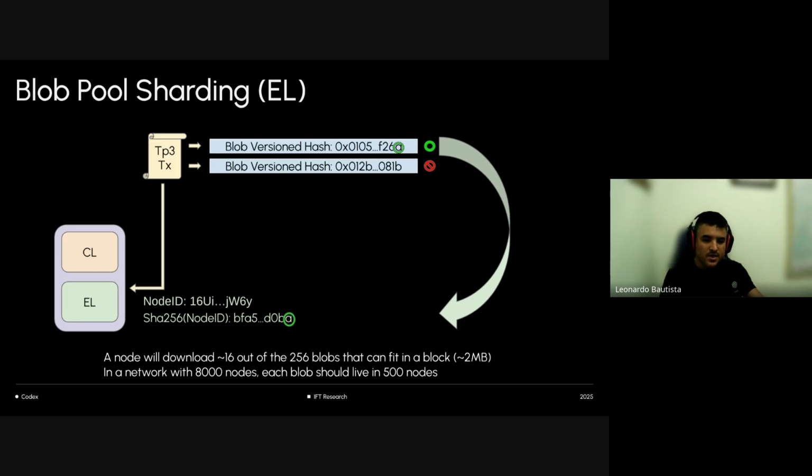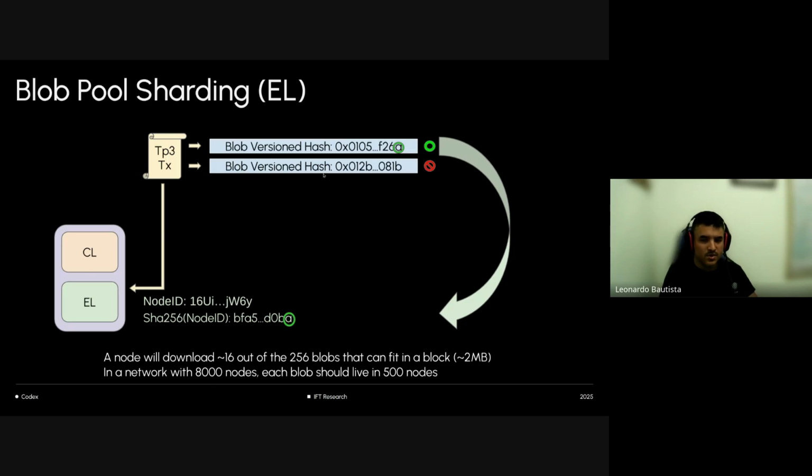If you imagine that the network has about 8,000 nodes, which is, I think, more or less the size of the Ethereum network today, then by implementing this sharded blob pool, every single blob should live in about 500 nodes, more or less.